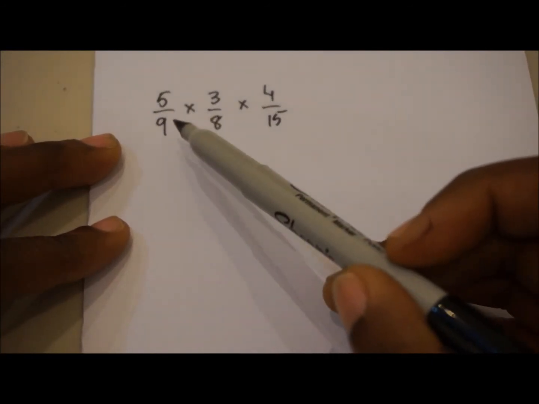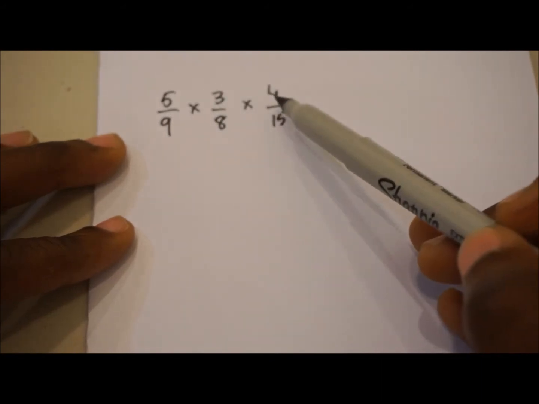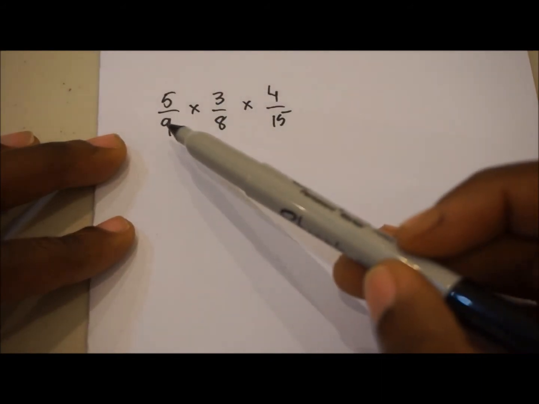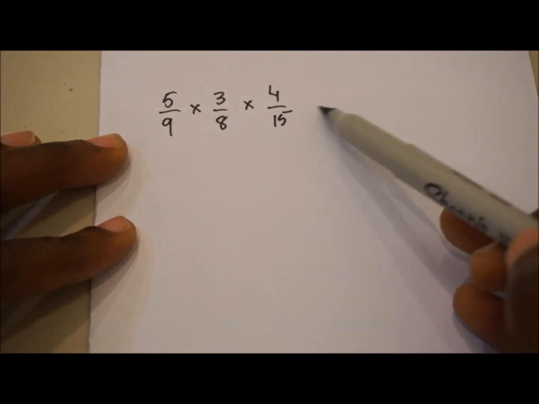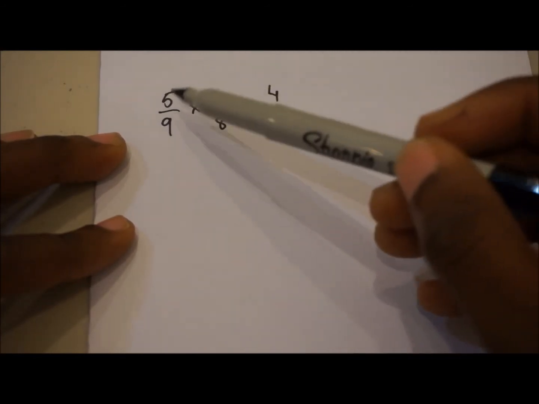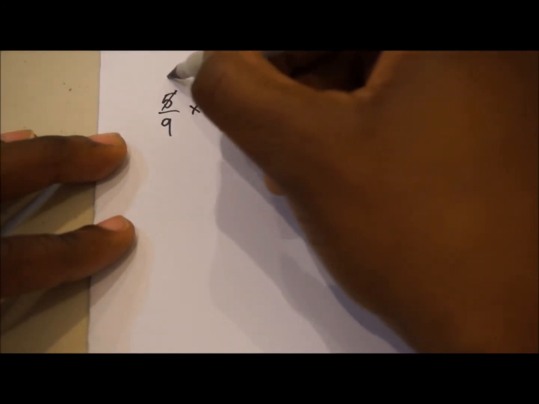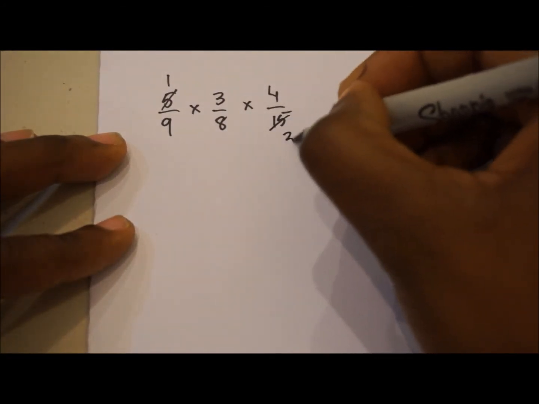It will be very difficult to do this problem by multiplying 5 by 3 by 4, get a large number, and then 9 by 8 by 15, get a large number, and then simplifying the fraction. It is best to simplify the fraction first. Once again, I look at the numerators and the denominators and look to see who has something in common. I realize 5 and 15, both of them can be divided by 5. So I do that. 5 into 5 goes once, 5 into 15 goes 3 times.